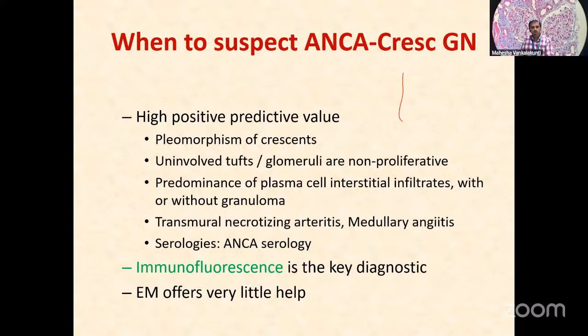The electron microscopy is of very little help. I should say that EM can be done in the academic interest, and also to exclude any confounding clinical presentation, or if there is any added histologic finding, to exclude other etiologies by electron microscopy.